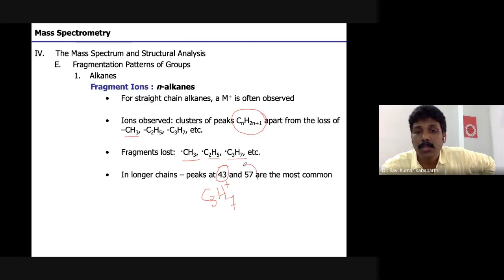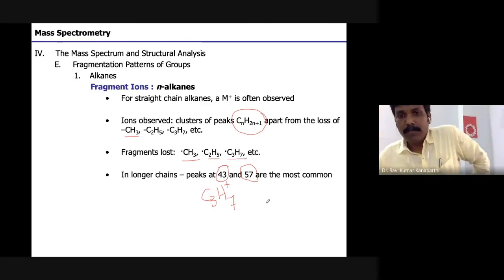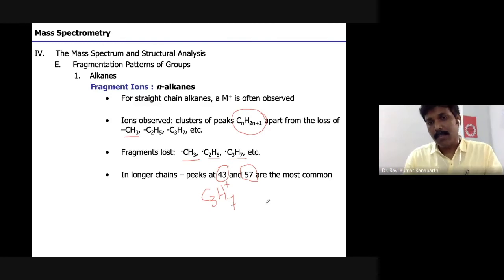And 57 is the butyl carbocation. So you can always remember these.